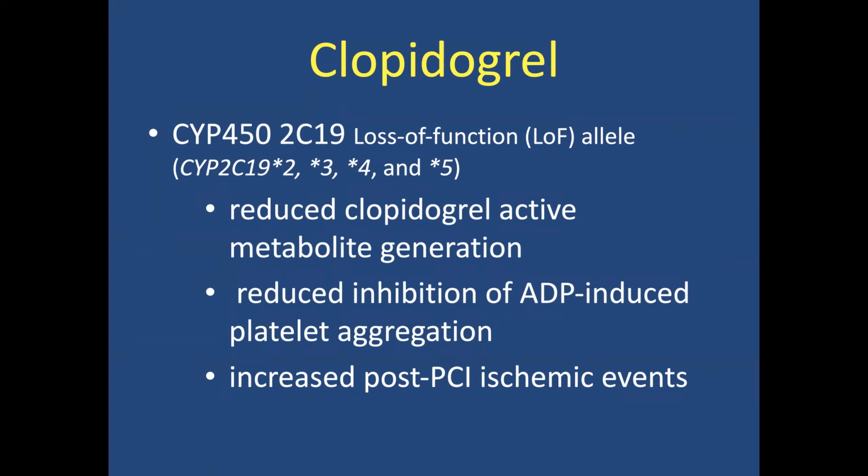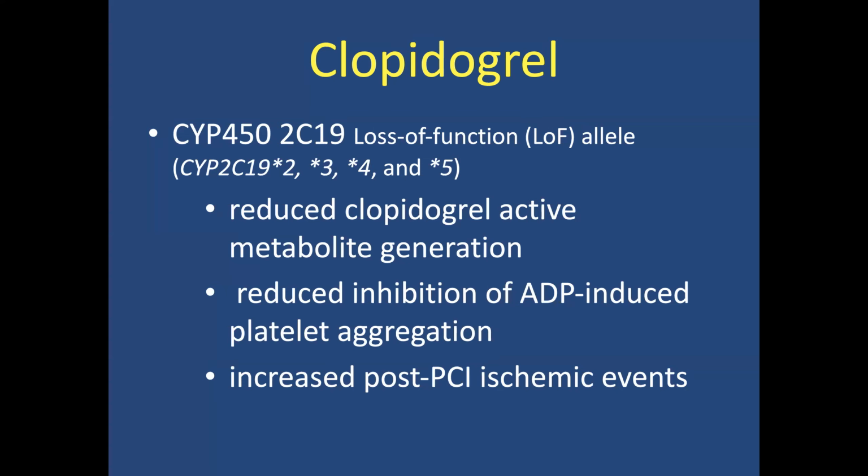We can do it here at Yale New Haven, but the issue has become, who should we test? Most of the data does not demonstrate a benefit to doing this testing, even though post-PCI ischemic events are increased in those patients who are intermediate or poor metabolizers, most likely because stent thrombosis, which is what we're really trying to prevent in those patients on clopidogrel, is a complex process which has many factors.